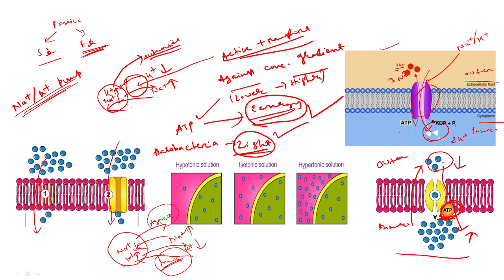And here ATP is needed as a source of energy. So the sodium potassium pump is an example of active transport through which 3 sodium and 2 potassium are transported at the same time, and this pump is called the sodium potassium pump.